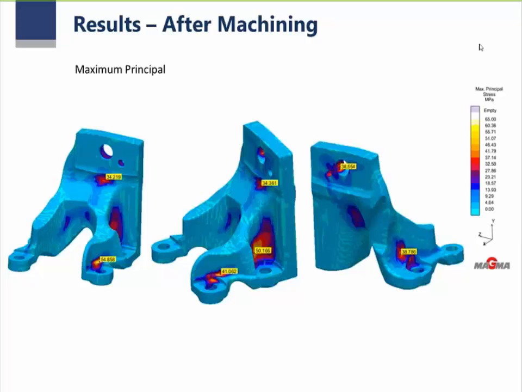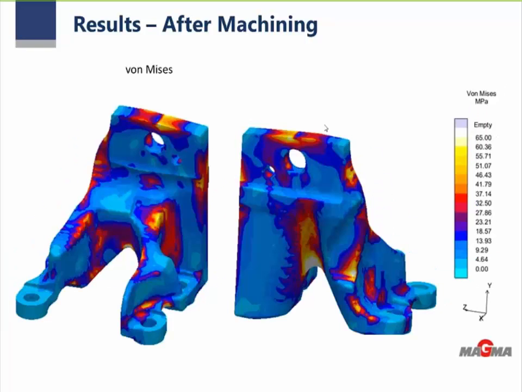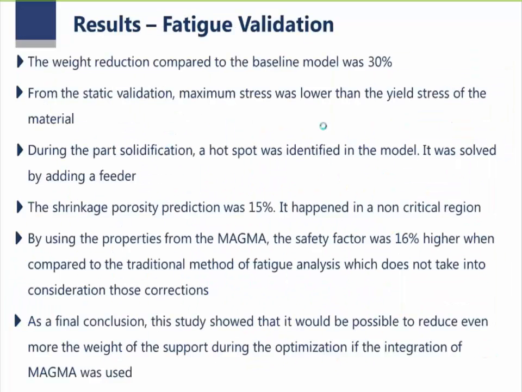And the constraint is some weight reduction. For example, in this case, we kept around 30% of the component. So the objective function was compliance, minimal compliance.